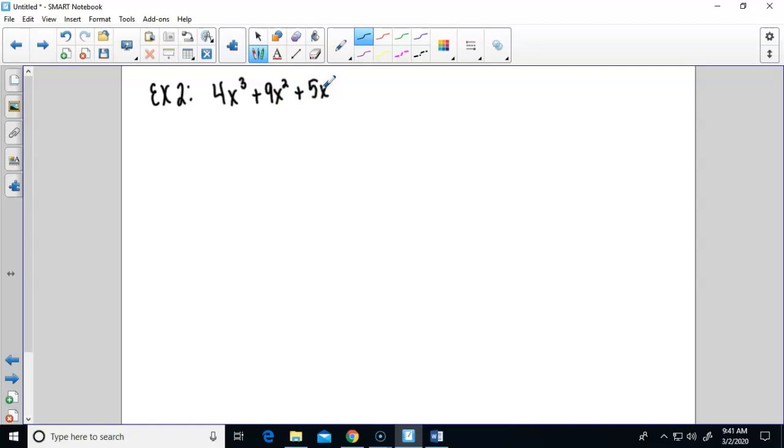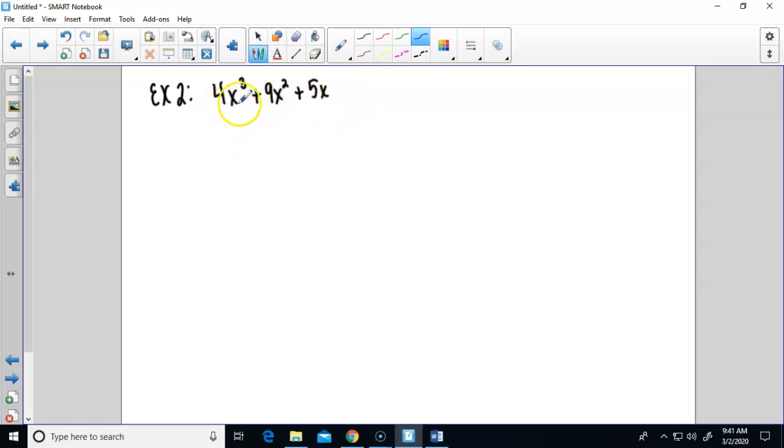All right. So our first step always is to look for a greatest common factor. Okay. So, Connor, what can our greatest common factor be for this one, or do we have one? Okay, you do not have a number. Could you take an x? You could, because every term has an x with it, right?